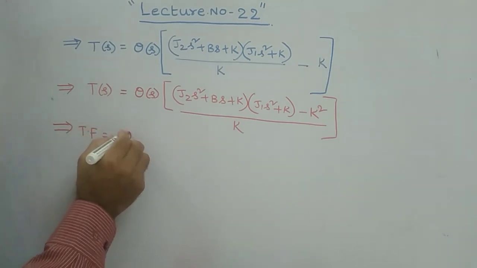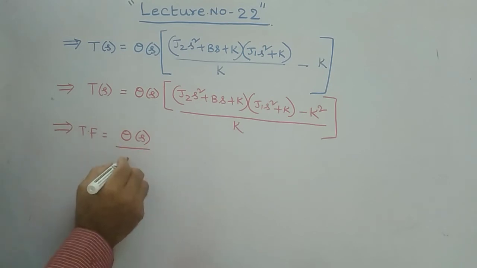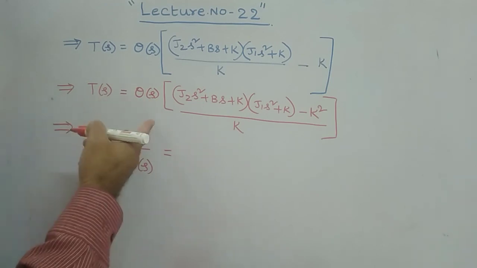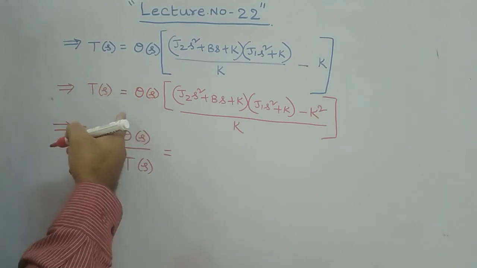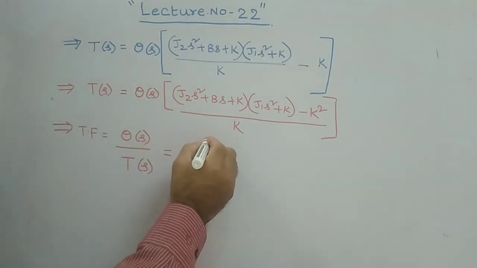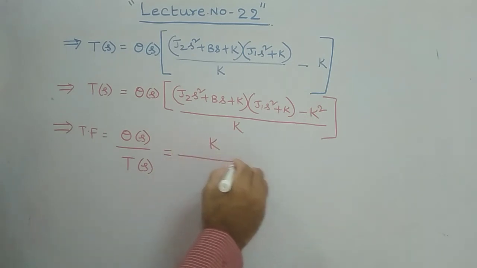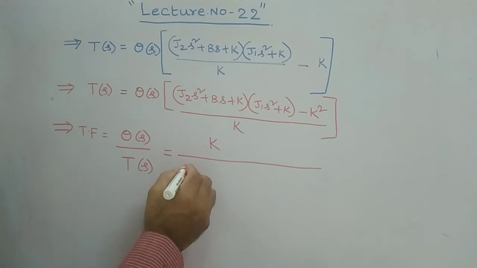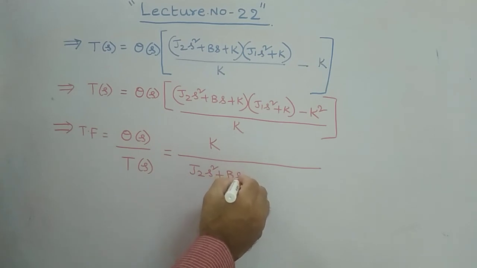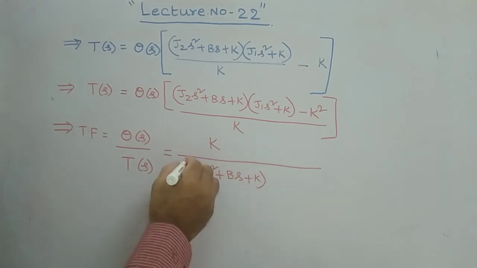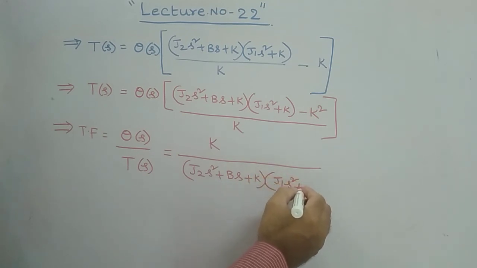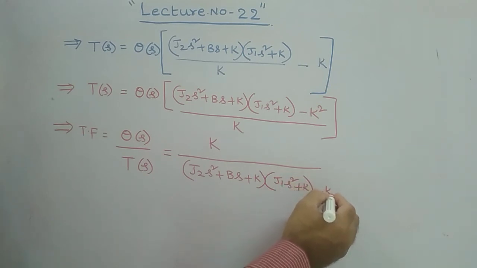Output theta of s by your applied torque T of s; I have to take the ratio, then it will become like this: k by (J2 s square plus bs plus k) into (J1 s square plus k) minus k square.